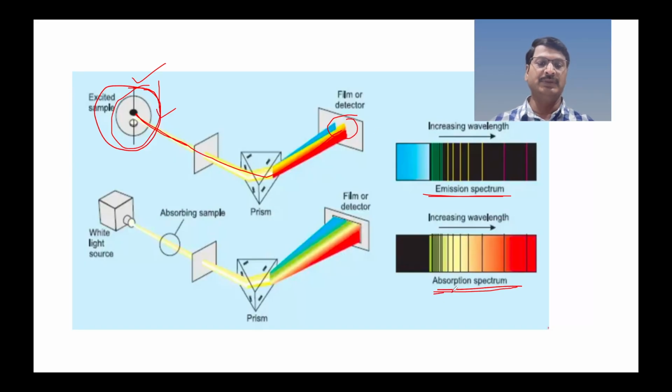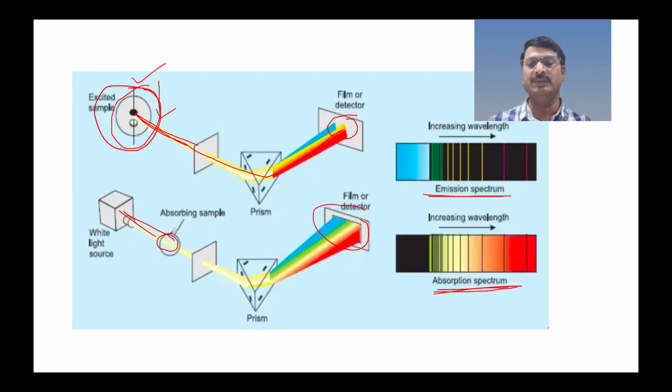And when you come to absorption spectra, first you have to pass the light into any one of the substances. The substance will absorb a certain wavelength of energy, and the remaining energy will enter the photographic plate. So here it is emitted light, here it is the light which remains after the absorption.